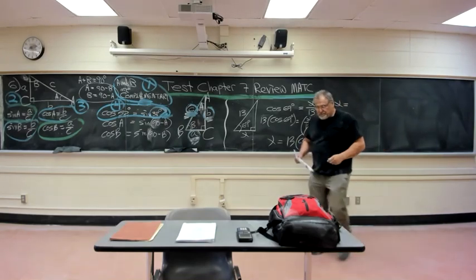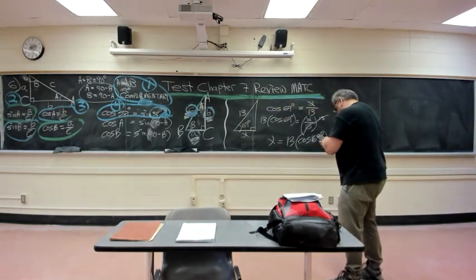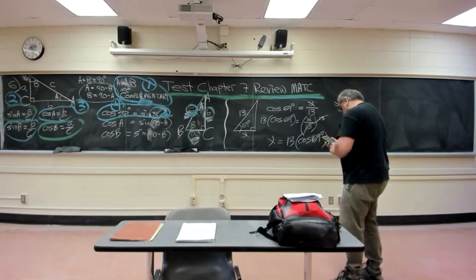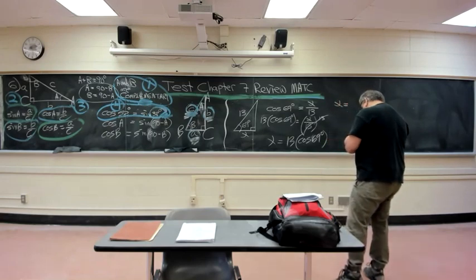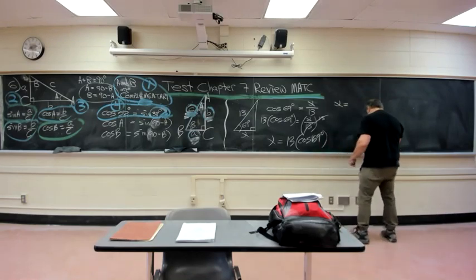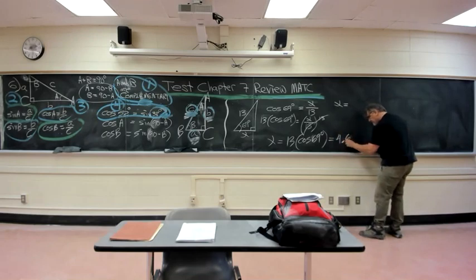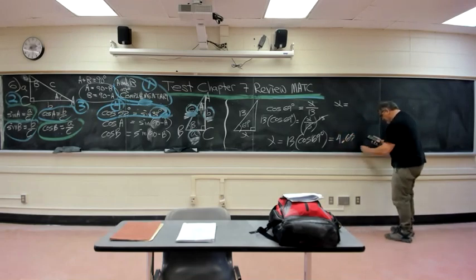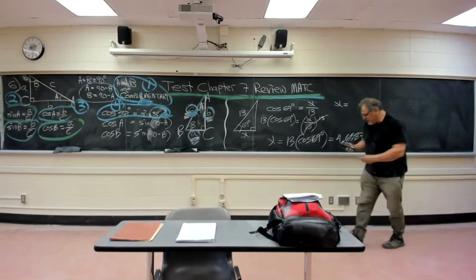Now, the cosine of 69 degrees is 0.3583 something times 13. 4.6587833. Well, I'll stop right there.